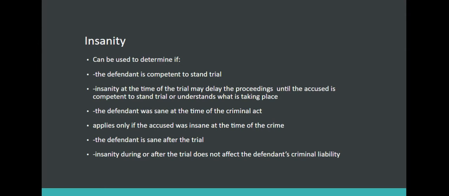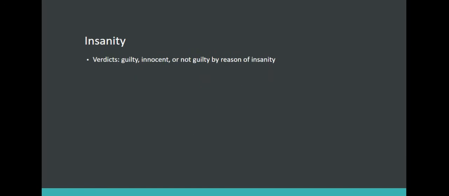But we move on to the verdict stage. You could be found guilty, innocent, or not guilty by reason of insanity. You're still going to be charged with the act, but you could be found guilty, innocent, or not guilty by reason of insanity.